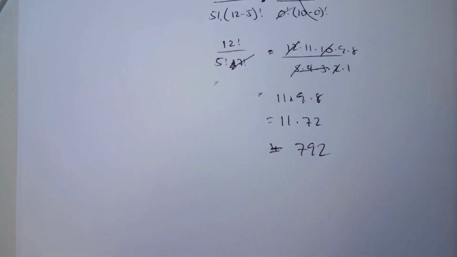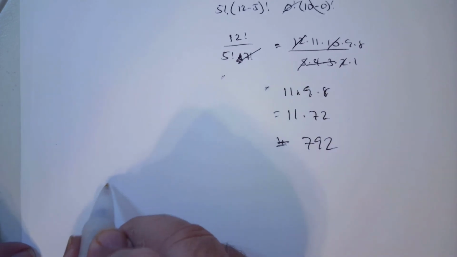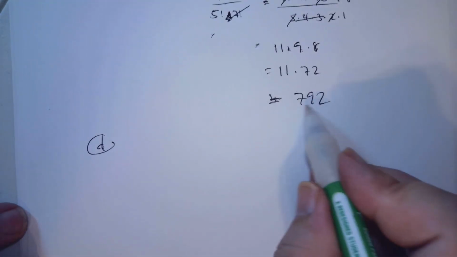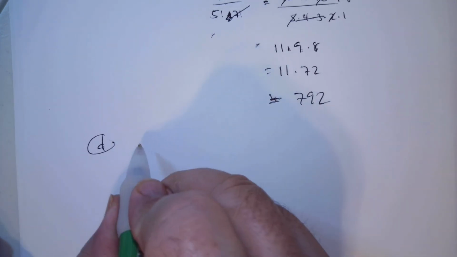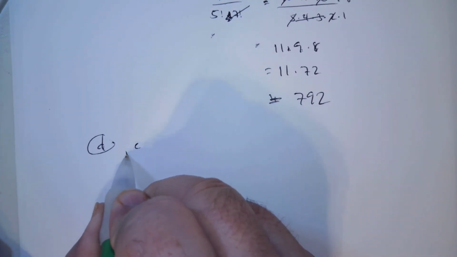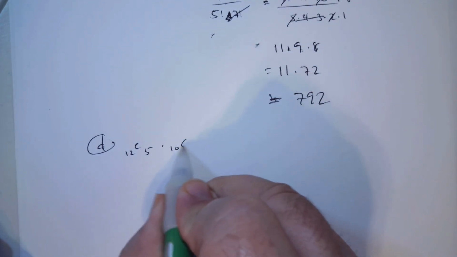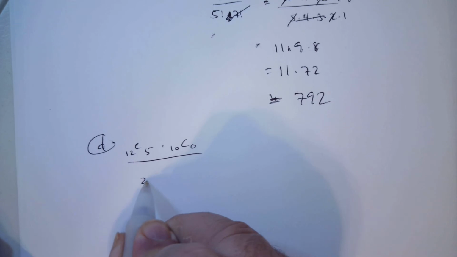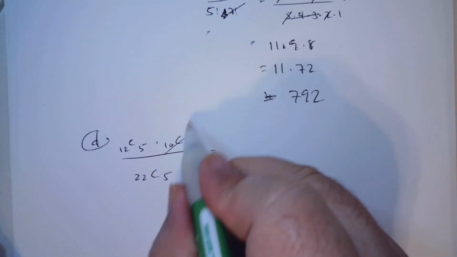All right, so that's the combinations of choosing 5 girls from the 12. This was 1.